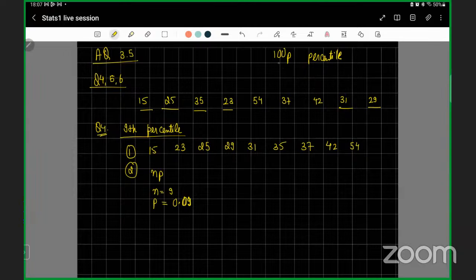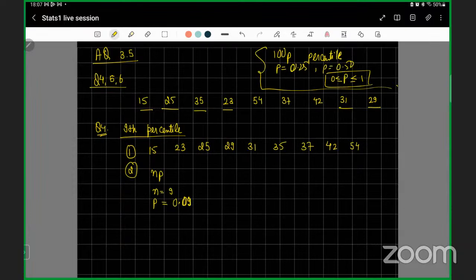If I want to find the 25th percentile, your p should be 0.25. If I say the 50th percentile, then your p should be 0.50. You observe that your p is always lying between 0 and 1.